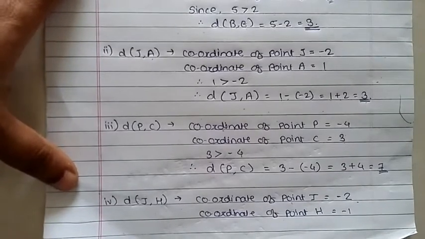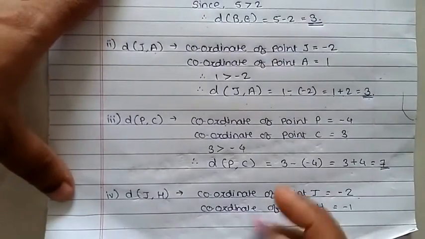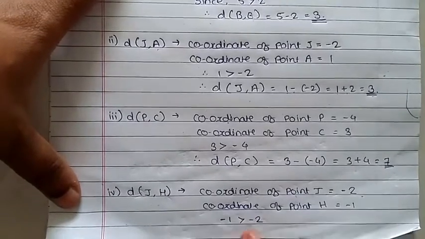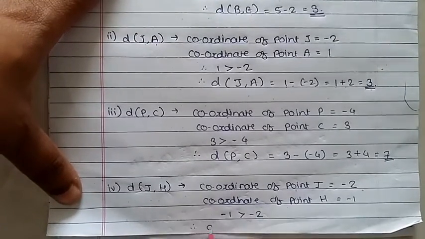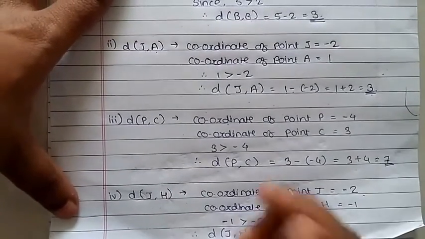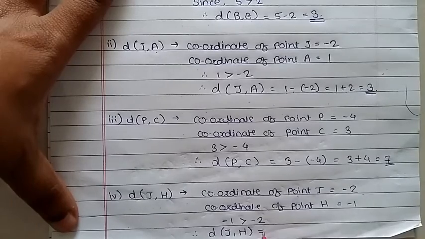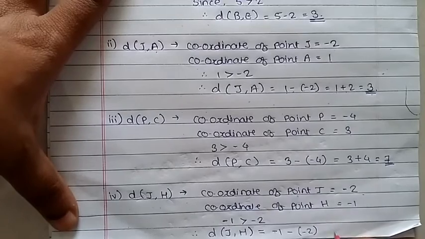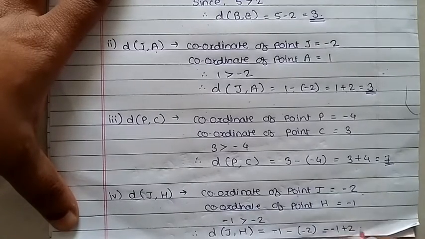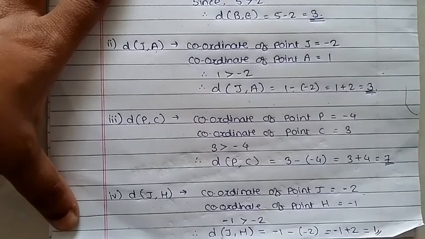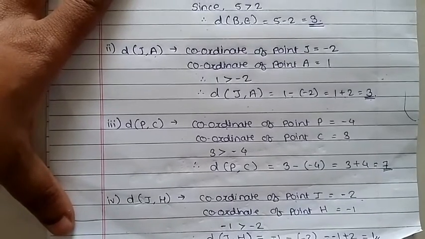Which is the greater of these two? -1 is greater than -2. So we can say that the distance between J and H is equal to -1 minus (-2) in bracket, which is -1 plus 2, that is 1. So the distance between J and H is 1.